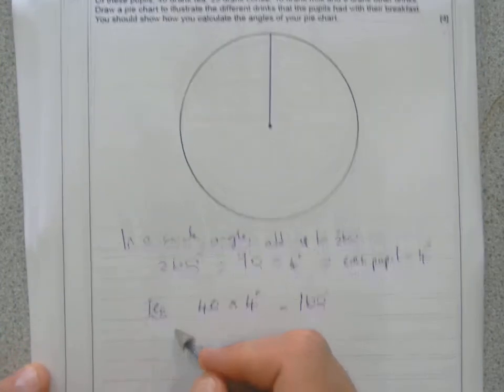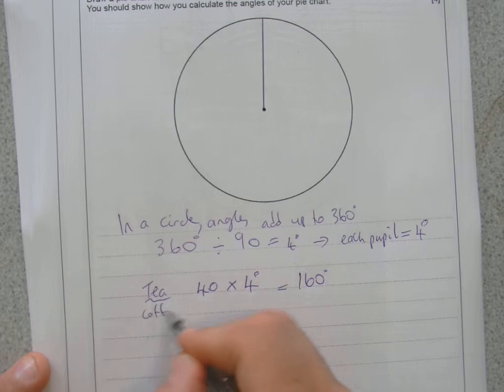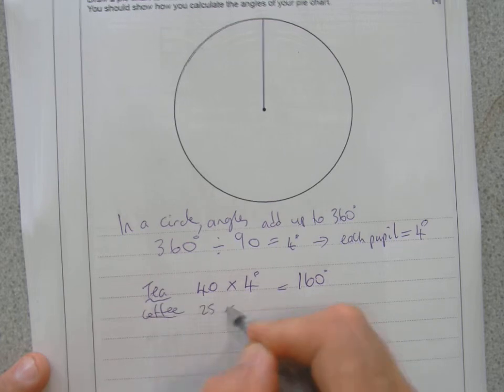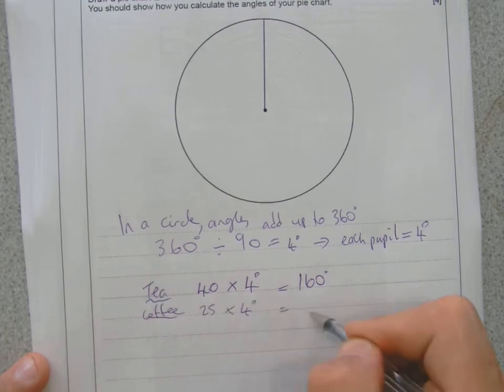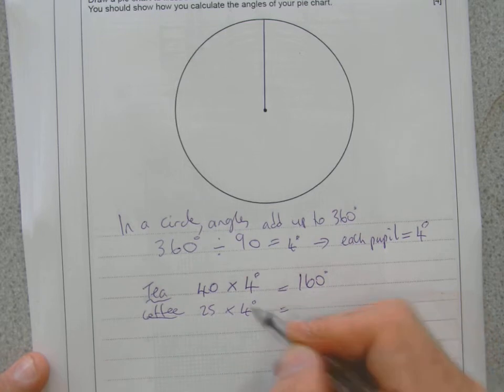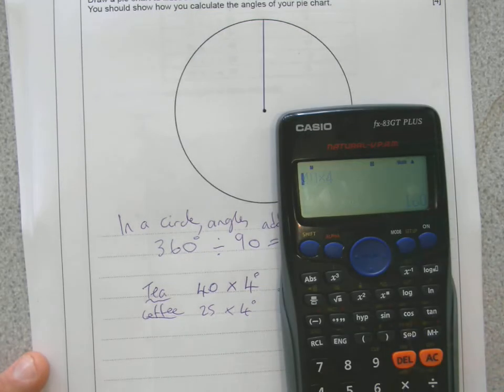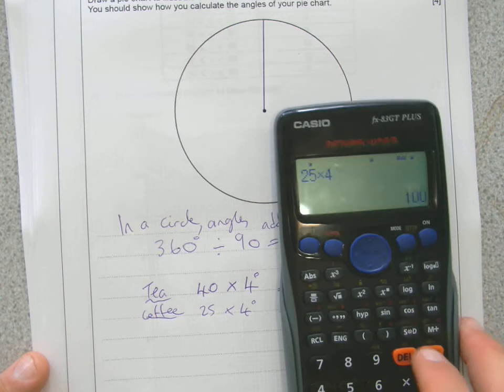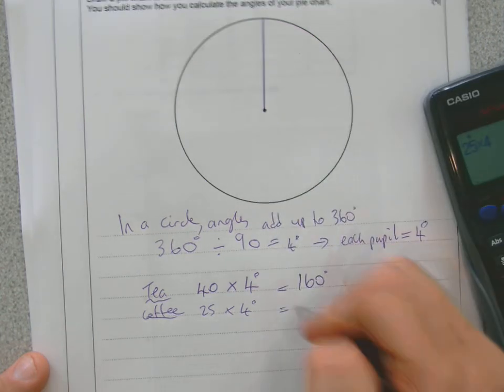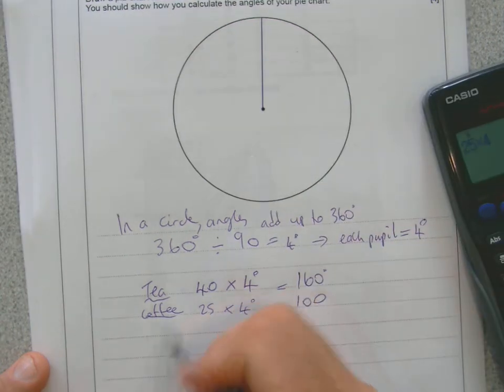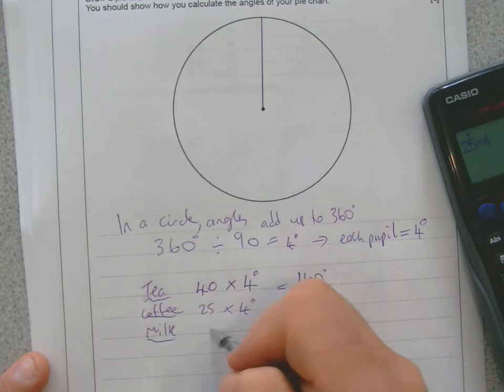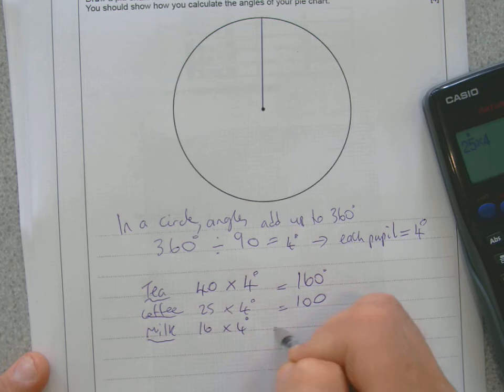Now the next one is coffee. And we've got 25 there. Remember, each pupil is worth 4 degrees. So if you've got 25 pupils, you can see that sector is going to be 100 degrees. And then milk. 16 drank milk, each worth 4 degrees.